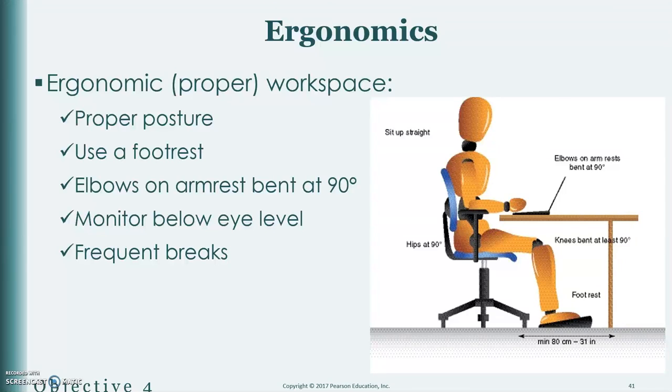Okay, so your monitor should be below eye level. You need to sit up straight, okay? Don't slouch over in your chair. Use a footrest if it's possible. Keep your elbows on an armrest bent at 90 degrees.